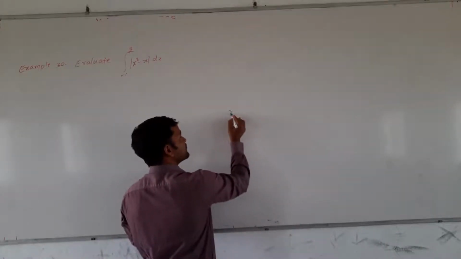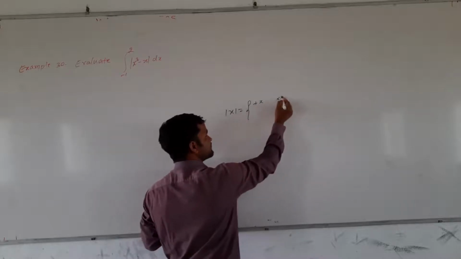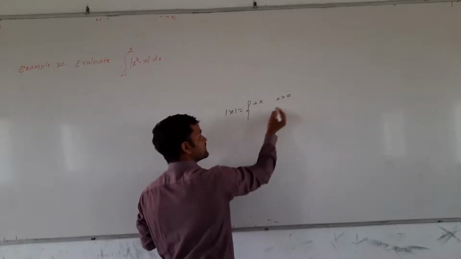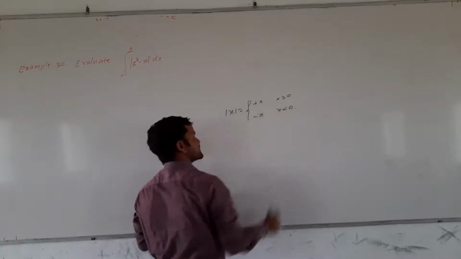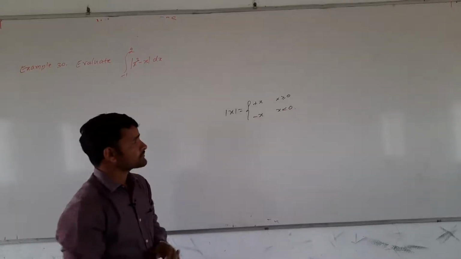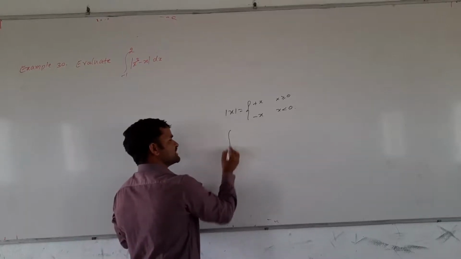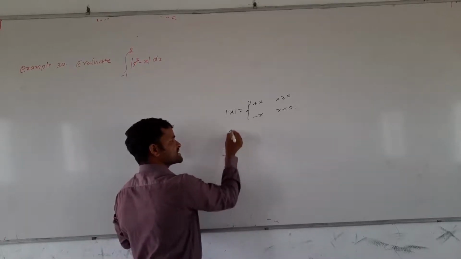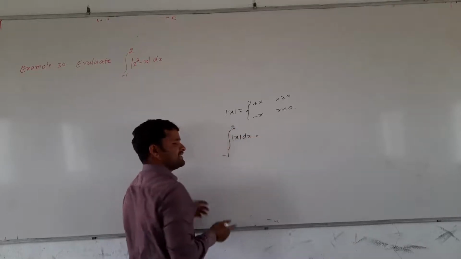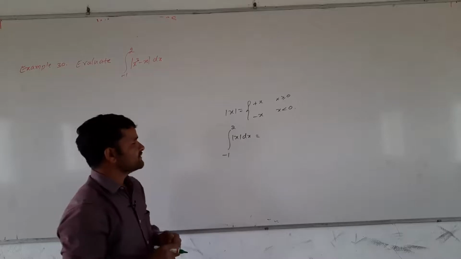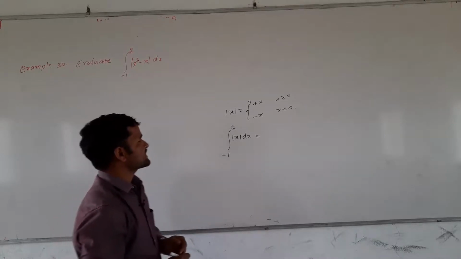We all know modulus of x is equal to plus x when x is greater than or equal to 0. It is minus x when x is less than 0. In the same way, suppose the integral is given from minus 1 to 2 of modulus of x dx, then how do we integrate it? We will integrate by splitting it into 2 or more integrals.